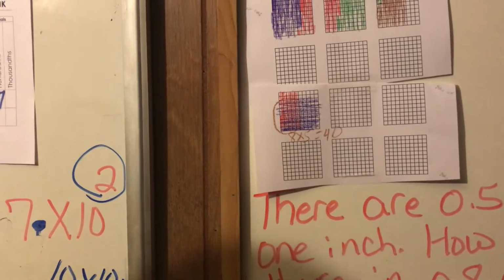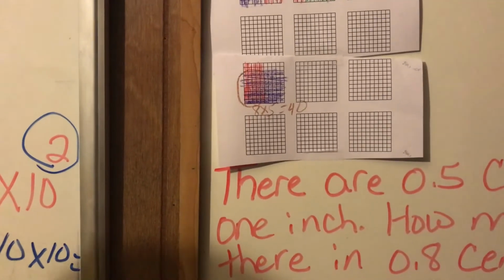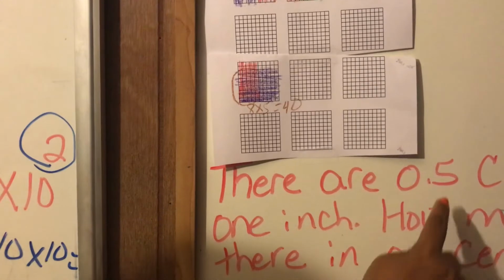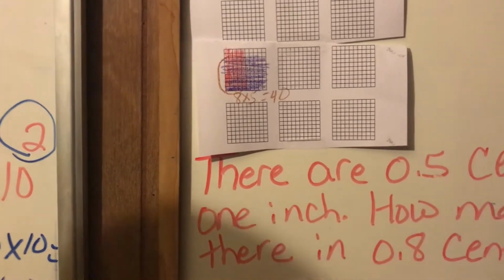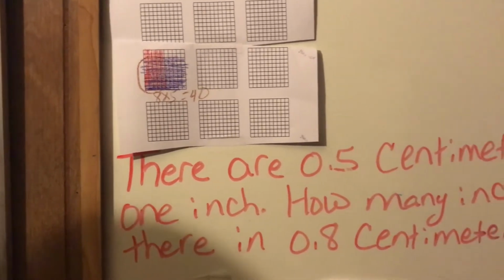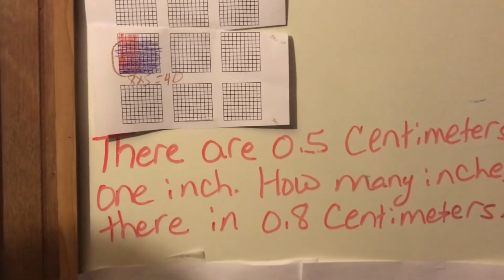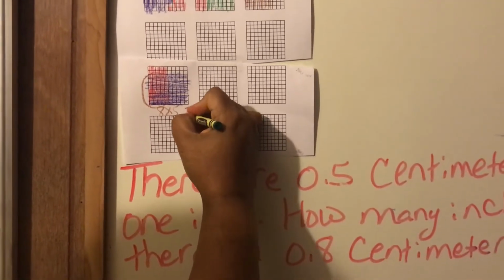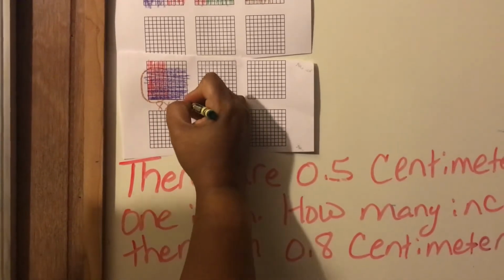But we know there's a decimal here. How many decimals? There's 2. Even though our product is 40, we still have to move that decimal 2 places. So we start from the right, 1, 2, put the decimal.